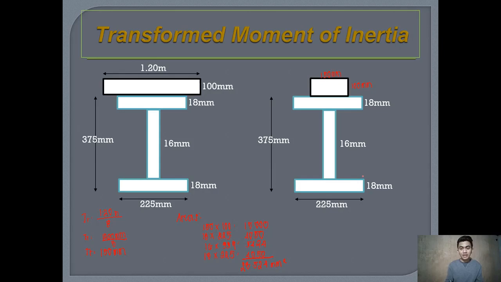All right, so we can now determine the location of our neutral axis. Let us try to determine it from the top of our composite beam. If I were to determine the neutral axis, we have to utilize Varignon's theorem in computation for our neutral axis.